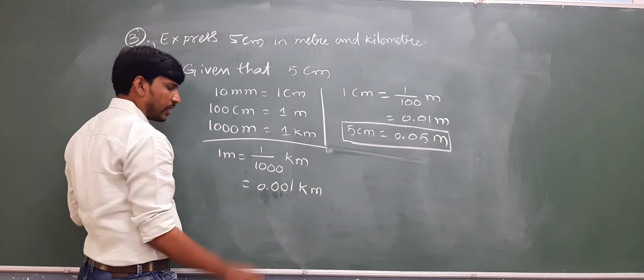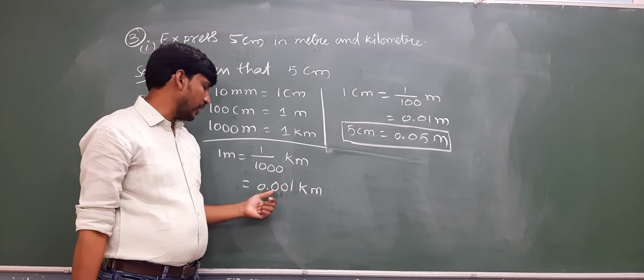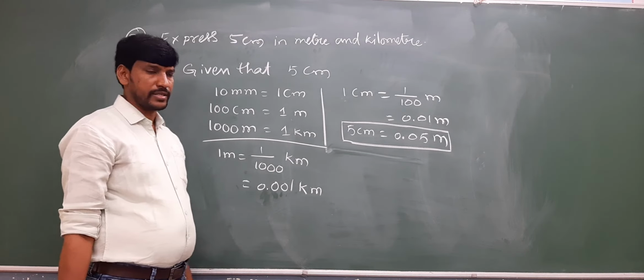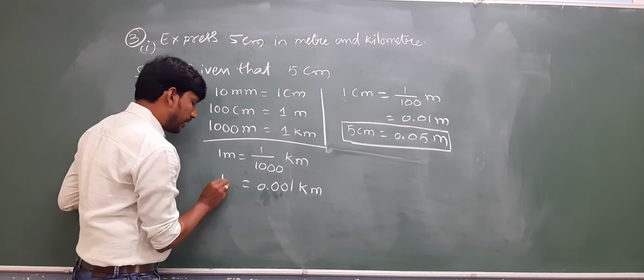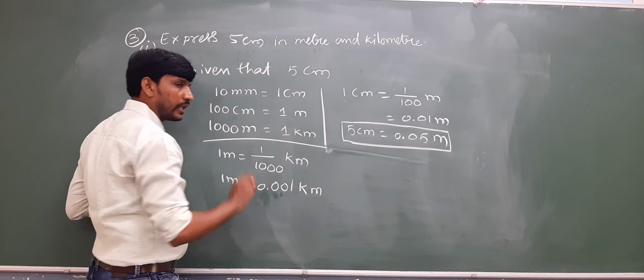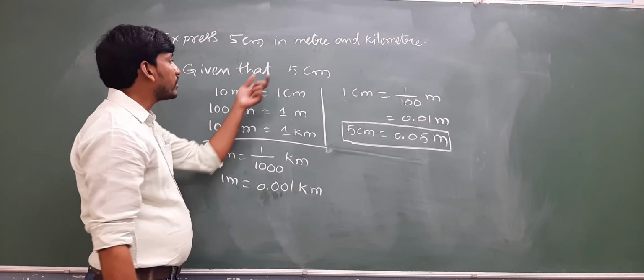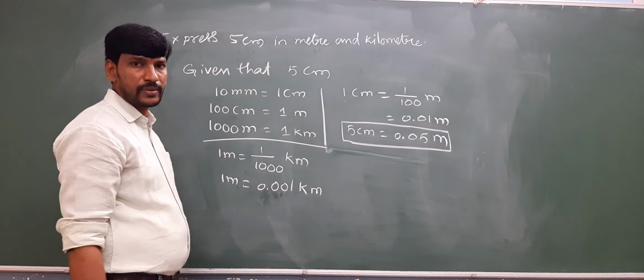While keeping zeros, please take care about this one. 3 zeros are there, that's why after the decimal you will get 3 places. Clear? Now 1 meter is equal to 0.001 kilometers.